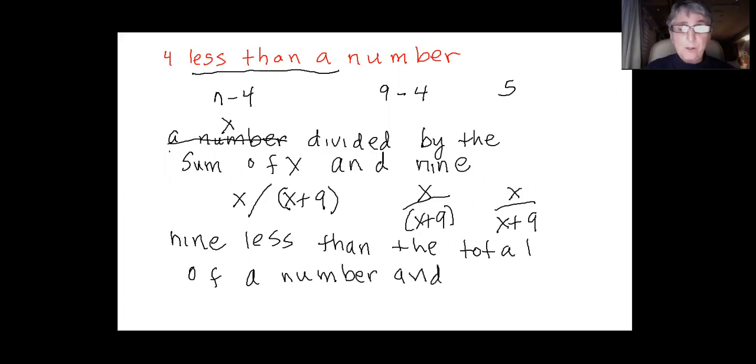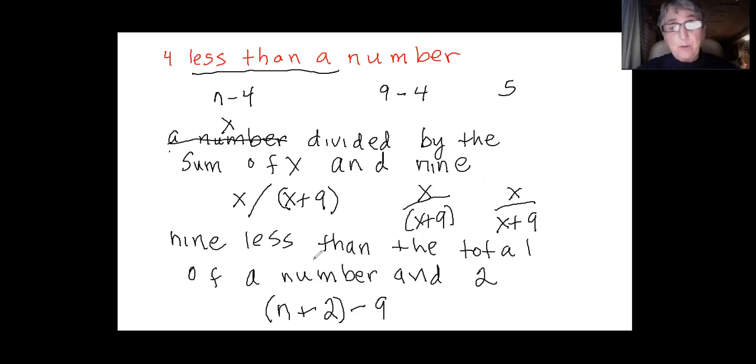Once again, it says a total of a number and 2. So that is written together. A total of a number and 2 is n plus 2. And then it says 9 less than that. So there's where I have to subtract that 9. It's very much like the first one in that respect.